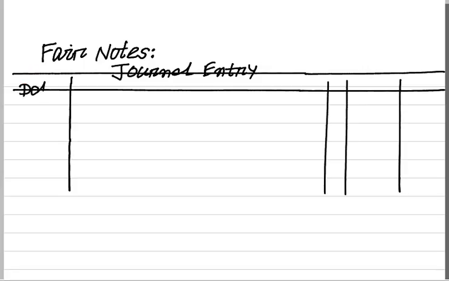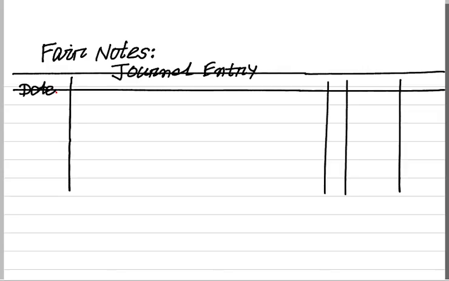This is your date and particulars, this is your ledger folio, LF, debit, credit, and rupees.